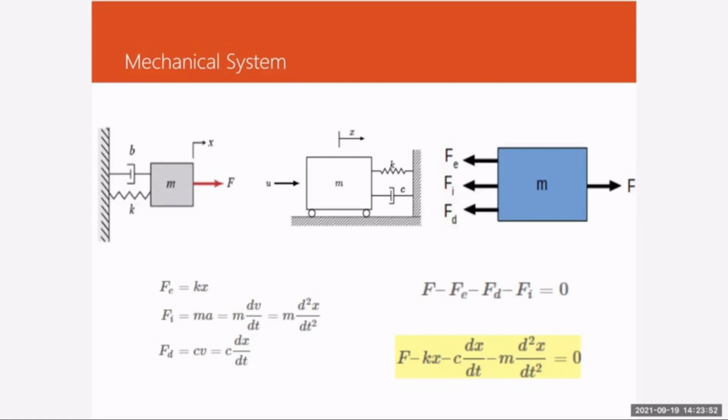Then Fd is equal to Cv, which can also be written as C dx over dt. Our condition is finalized as the summation of all forces: F minus Fe minus Fd minus Fi equals 0. These Fe, Fd, and Fi can also be transformed into the equations Kx, C dx over dt, and M d squared x over dt squared.